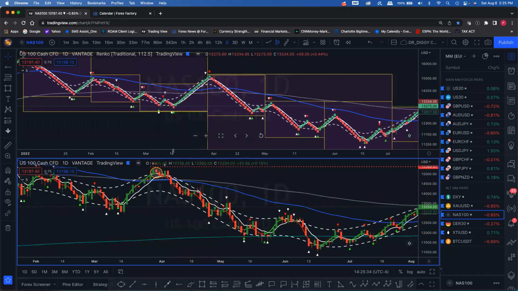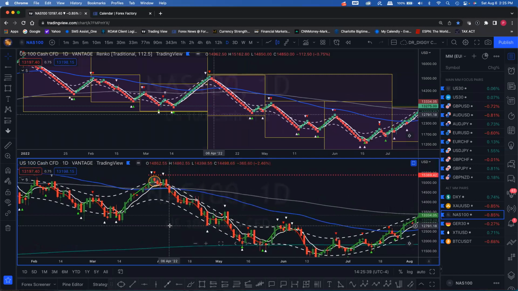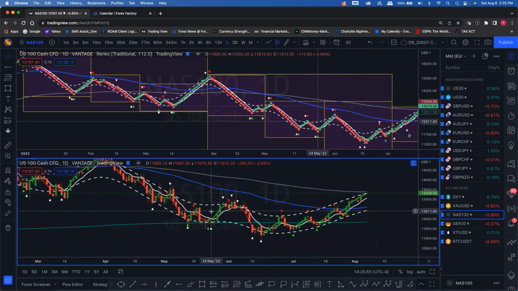There's 2 things I'm going to point out right now, just looking back at price, as we were just talking about it. Do you see what happens when we get the estimator and the envelope signal outside of the envelope? Price moves. Look at this move here.